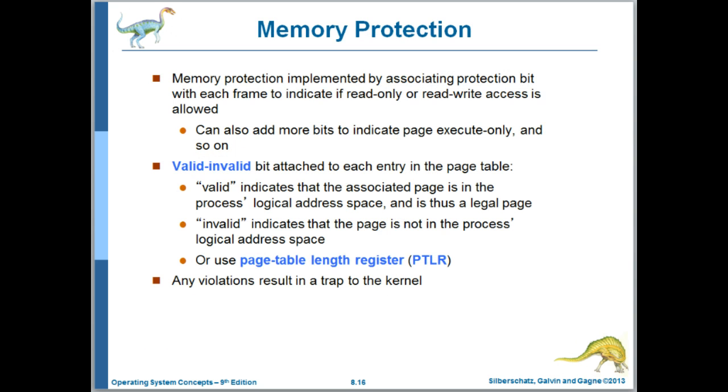So control bits in page table entries can be used to provide memory protection, such as a valid, invalid bit. And also the page table length register would be used to limit the size of the page table. Without the page table length register, the entire page table would have to be in memory, and as we'll be seeing, that can be a problem.